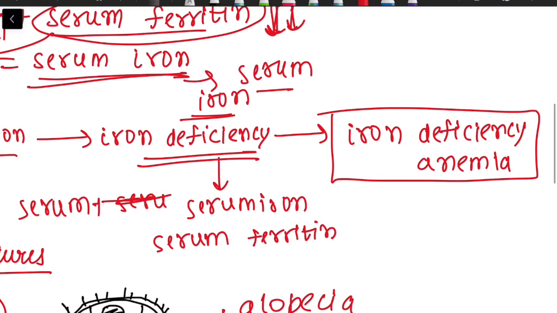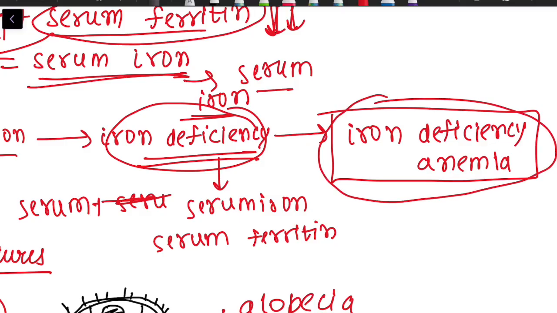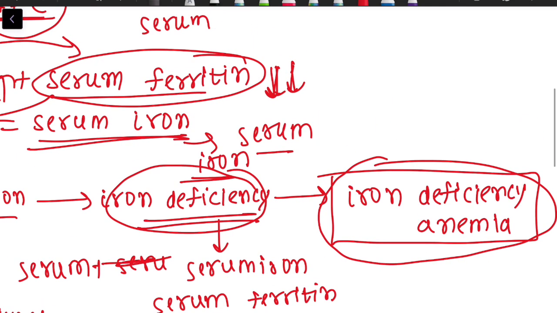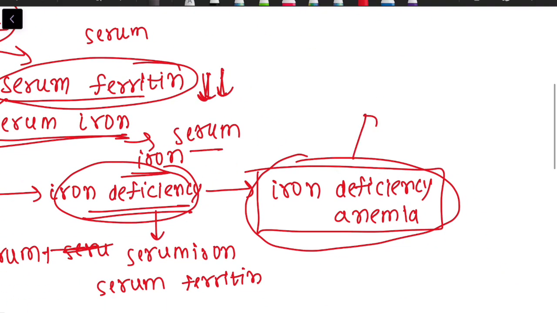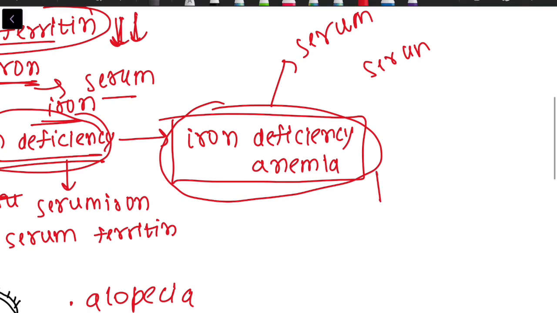And then after this stage, we go into the stage of iron deficiency anemia, where the person has lost all his iron stores and he is very much severely depleted. So basically, if you take the reports of such a person, then serum ferritin will be very low, serum iron will also be very low, and what you will find is that the transferrin is not saturated by iron.